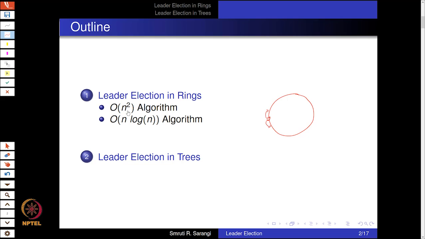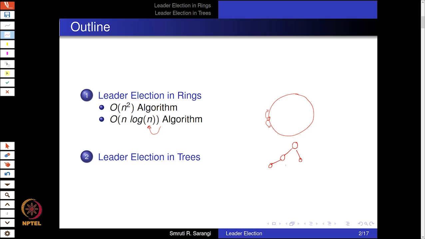We will look at an order n square message complexity algorithm and then refine that to an order n log n version. Then we will consider another version of the problem where the processes are arranged as a tree.